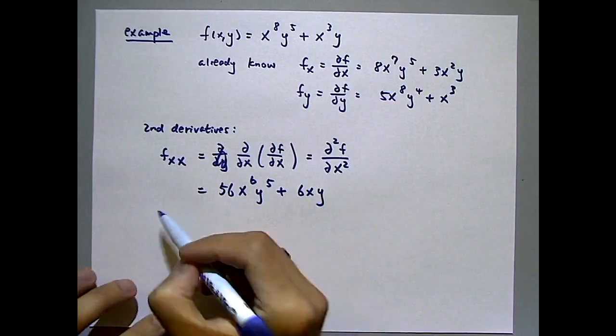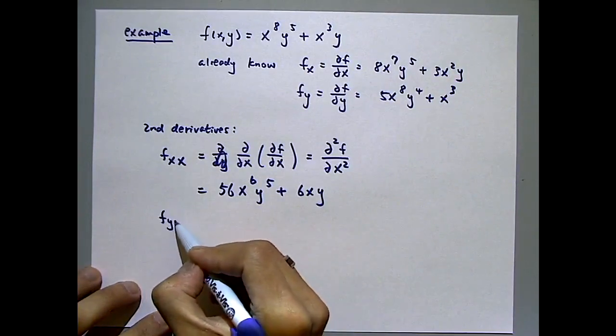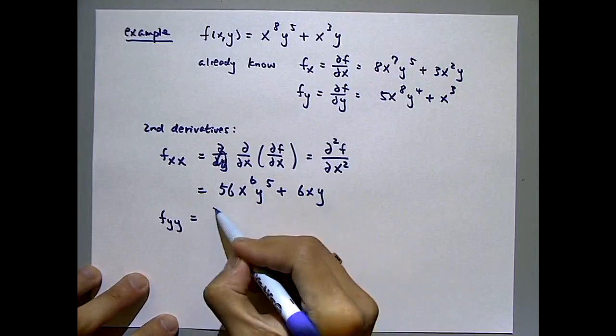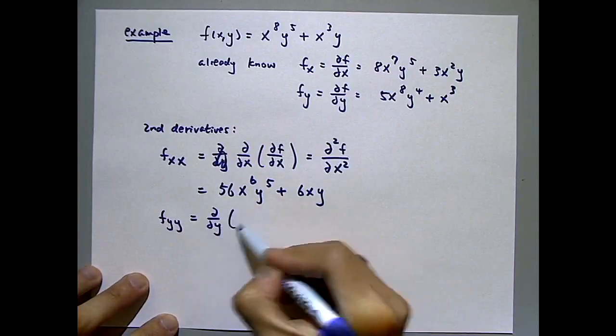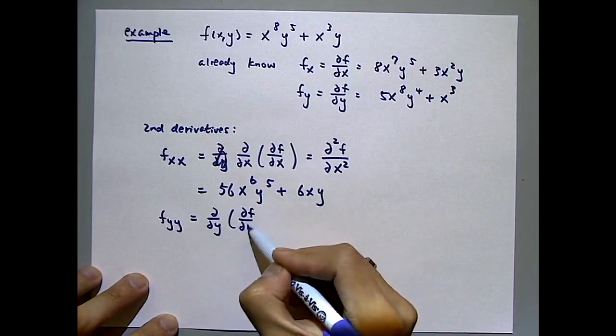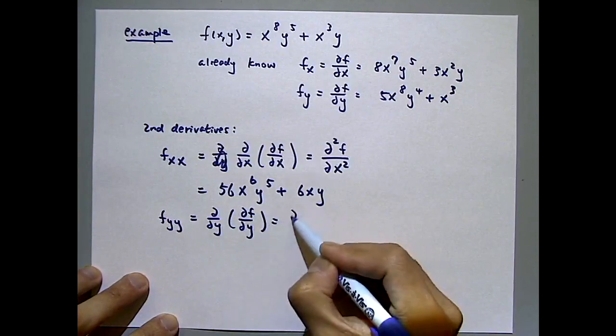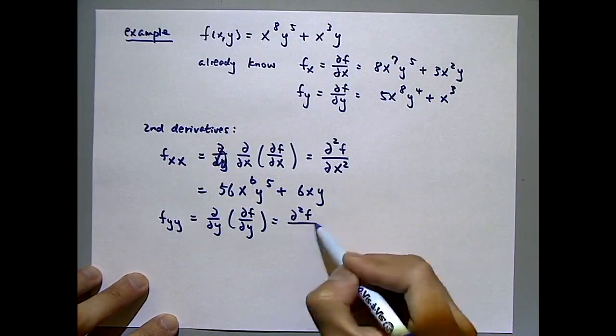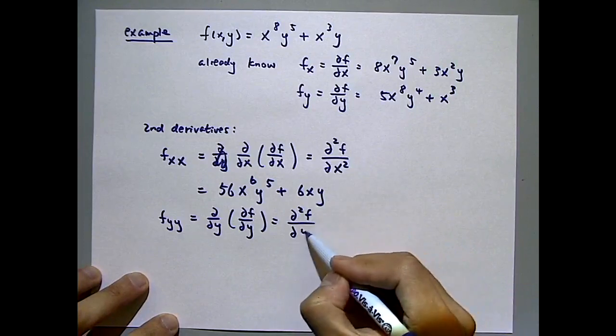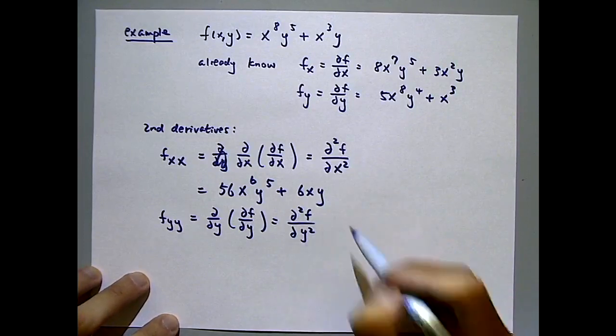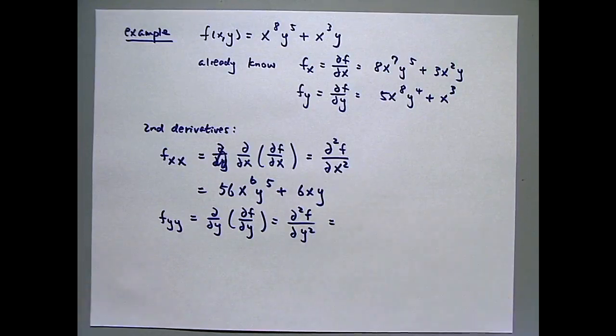All right, now let's do fyy. Partial, partial y, partial f, partial y, funny looking d squared f, funny looking dy squared. So you take the derivative of fy with respect to y again, treating x as a constant.